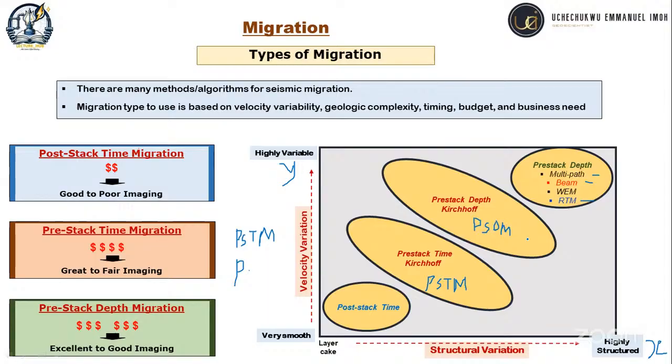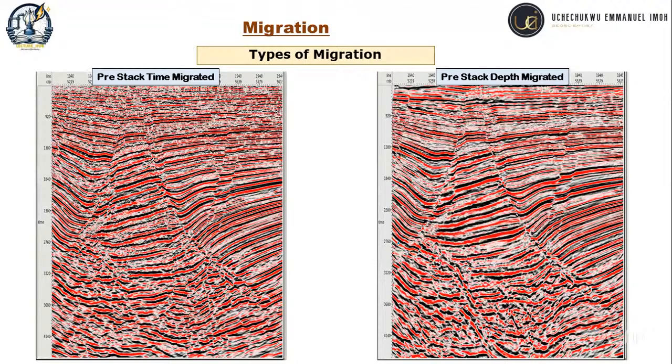So during depth migration, well controls are used. On your wells, you have the real geology in terms of the real log information and the sonic log, which also gives you the velocities of these rocks. So with that, you will be able to do your pre-stack depth migration and then get a better image of the subsurface.